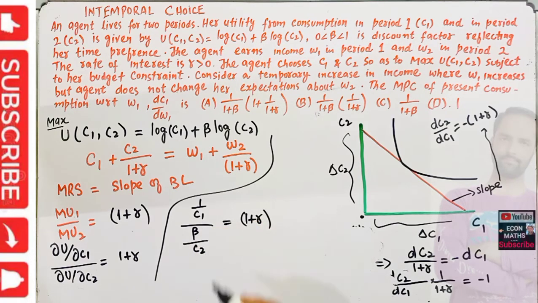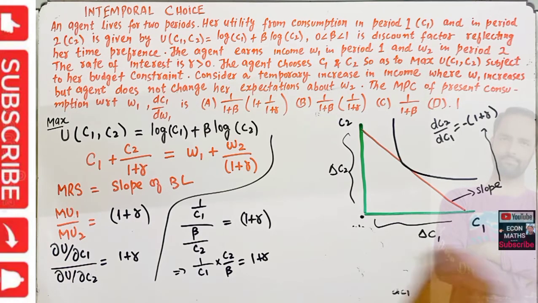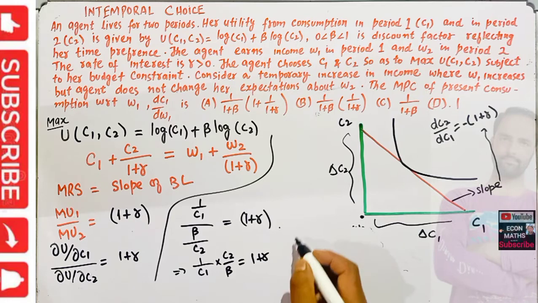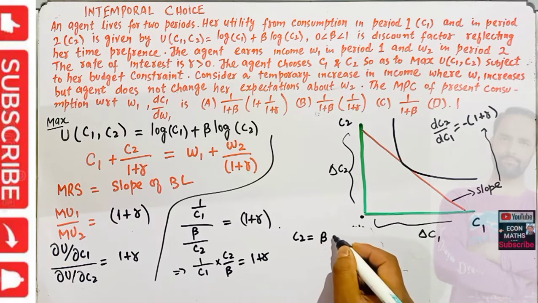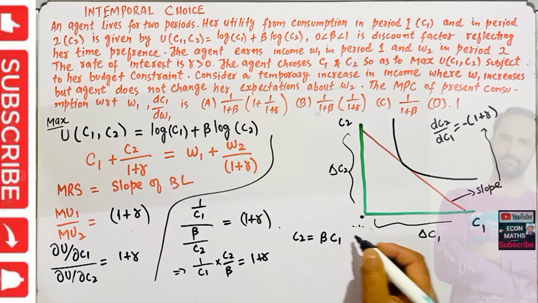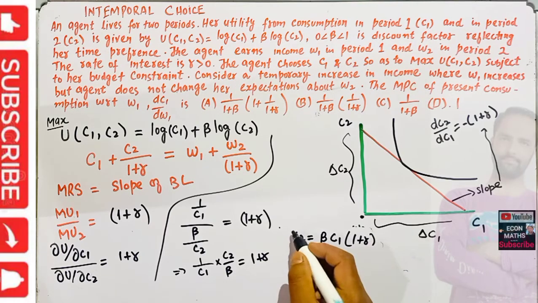Now if I rearrange this, it becomes 1 upon C1, and if I reciprocate it, this becomes C2 upon beta C1, which should be equal to 1 plus R. So C2 will be equal to beta C1 times 1 plus R. This is the value of C2.